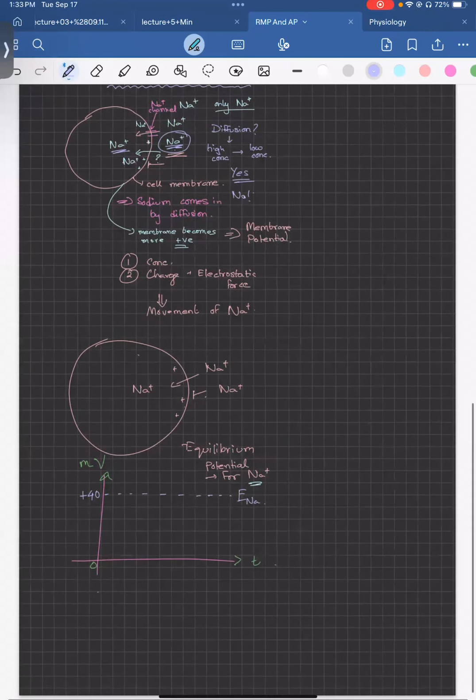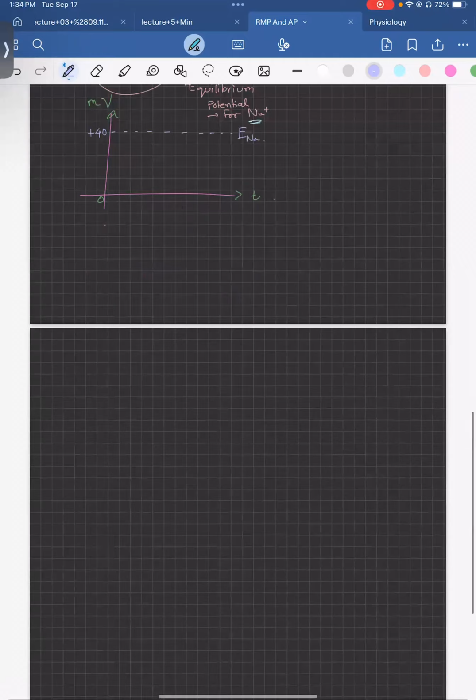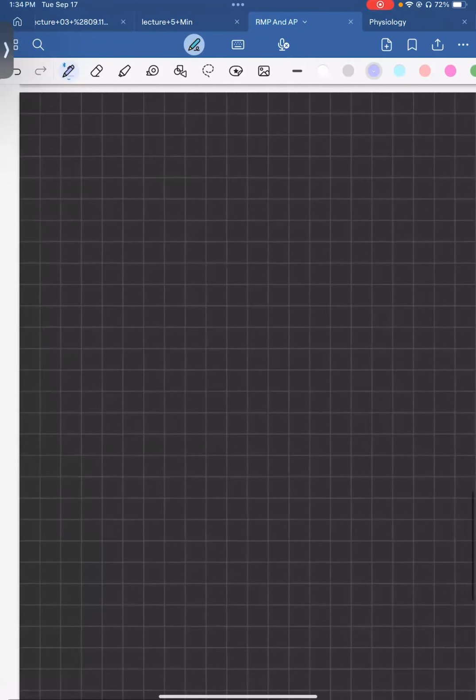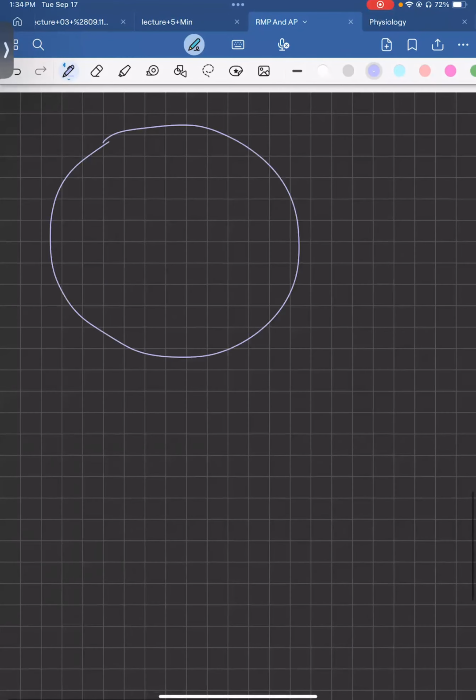Now let's say I want to imagine a cell again, but now we don't have sodium, we have potassium. There's more potassium inside than outside.